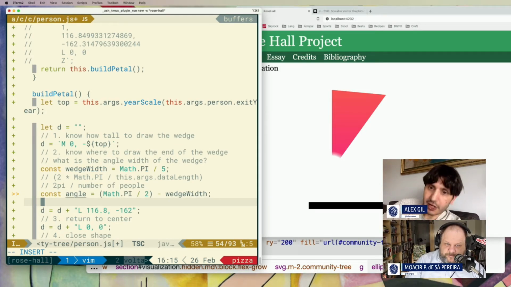Right. So we know the angle of B always. We know the angle of B because we know that's the wedge width. That's the same thing that we've already calculated.